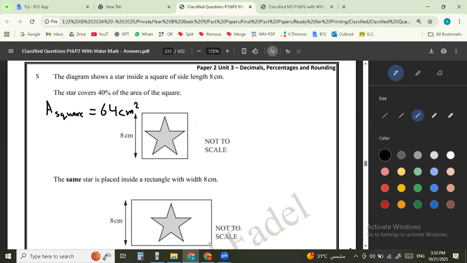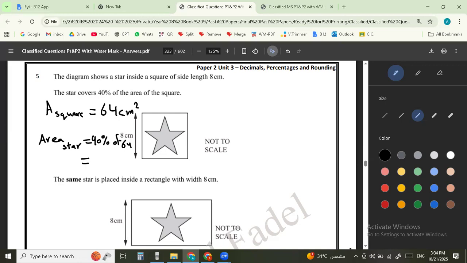While the area of the star equals 64, but it is 40% of it, mister. So 40% of what? Of 64. You have enough space down there, but I don't want to go down because it's going to hide the top part. So use the empty space that is down there. So area of the star is going to be what? 40% of 64.